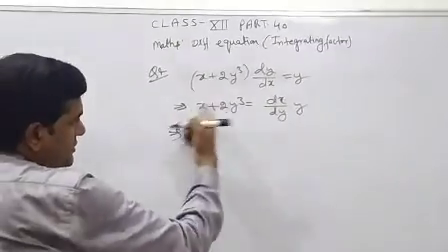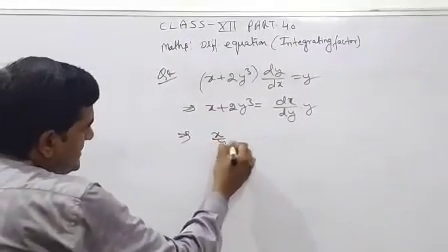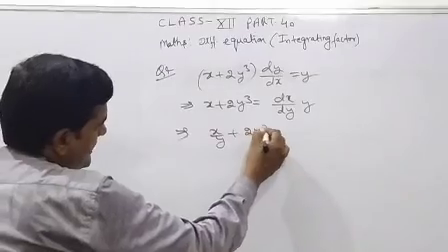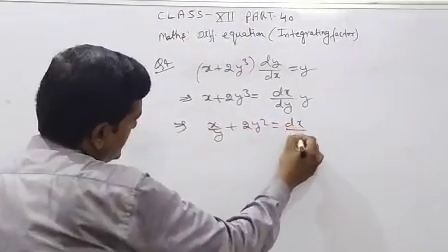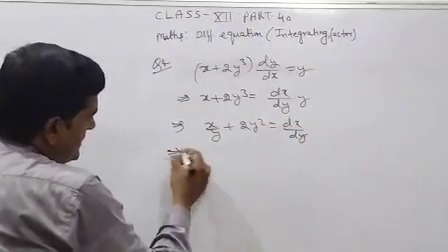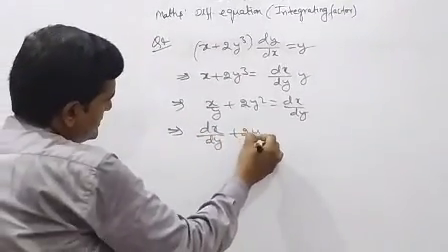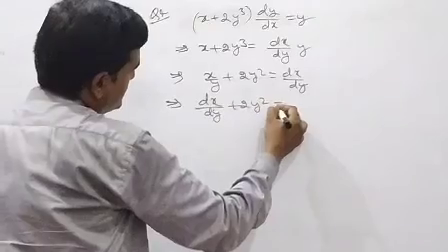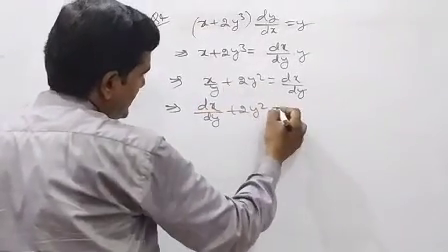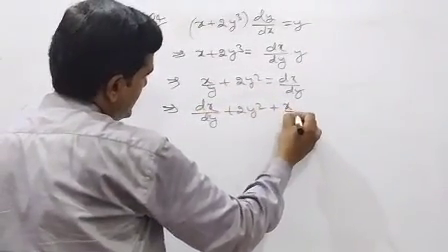Now dividing by y both the sides, x by y plus 2y square is equal to dx by dy.